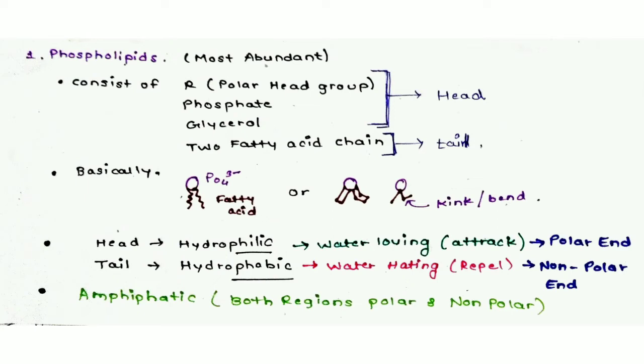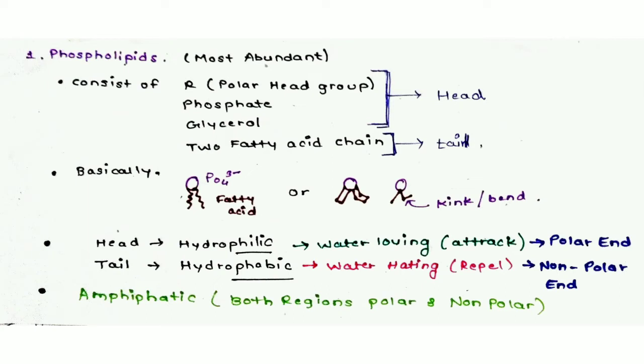So basically you can see such diagrams used to represent phospholipids, like the phosphate group and two fatty acid chains. In some books you can see a bent fatty acid chain or kinked chain. I will be discussing this whole structure in a while.